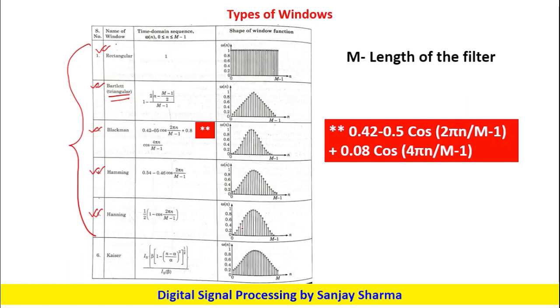In all of these five types of windows, the formula is fixed. Then we have another window, the Kaiser window. Over here, the formula is not fixed and it varies with the filter characteristics.